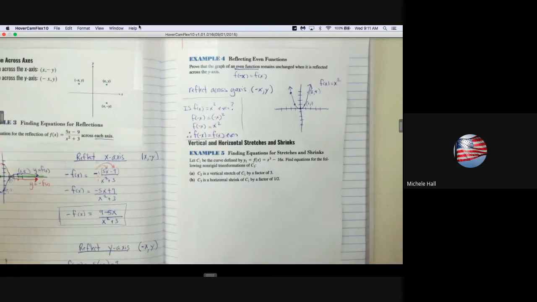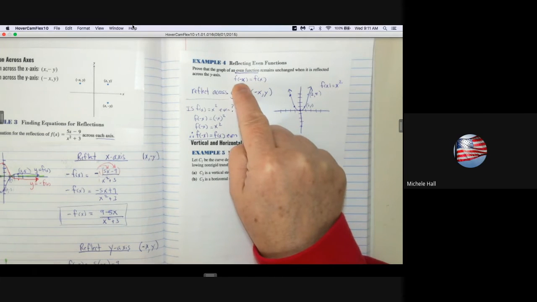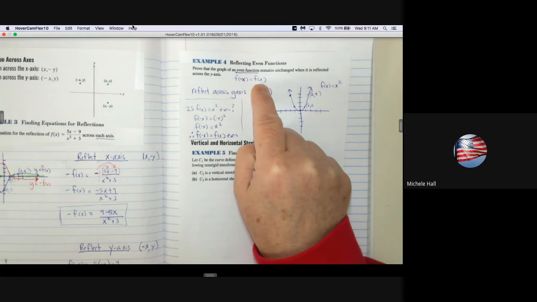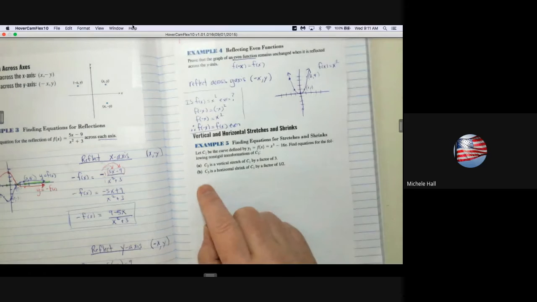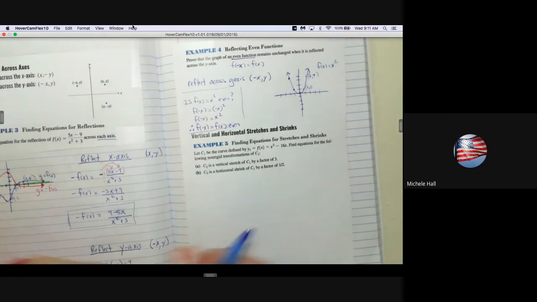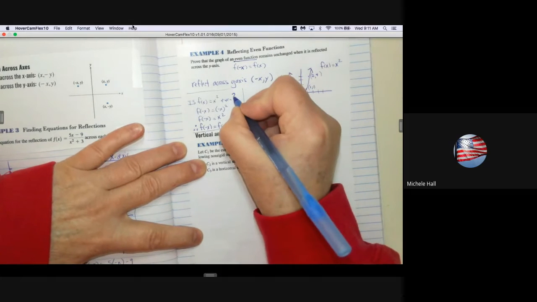Example 4. Prove that the graph of an even function remains unchanged when it is reflected across the y-axis. The definition of an even function is when I substitute in negative x, I get back f of x. So here, let's look at an example to see if we've picked out an even function. Is f of x equals x squared even? Let's check to see if it's even.